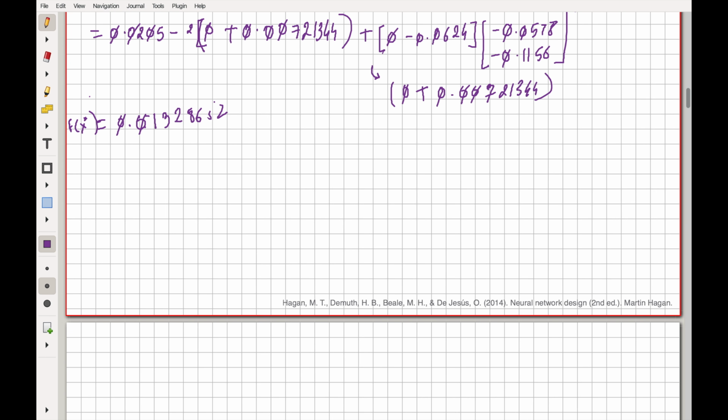And why is this number magical? The reason is that we said this is the minimum, so this is the minimum mean square error. Essentially this is the error.